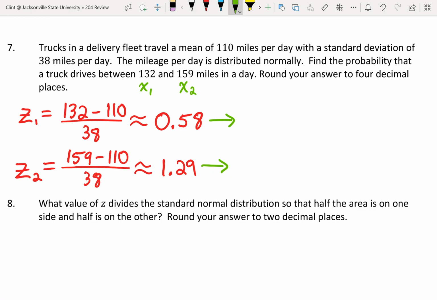Now we find the two areas for area in between. We just look them both up just like they're written. So let's do 0.58 first. 0.58, I get 0.7190. 1.29, get 0.9015. And then I'm going to subtract.